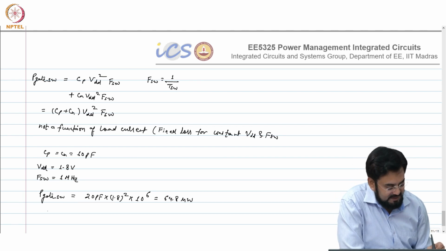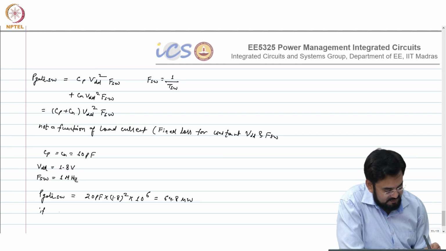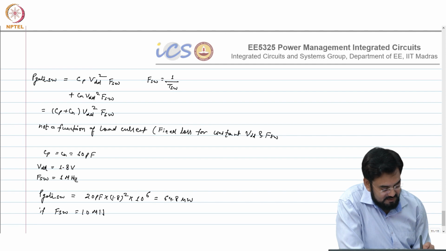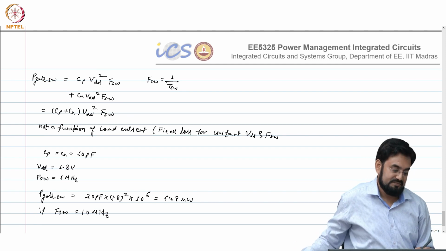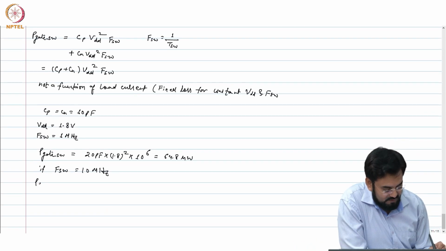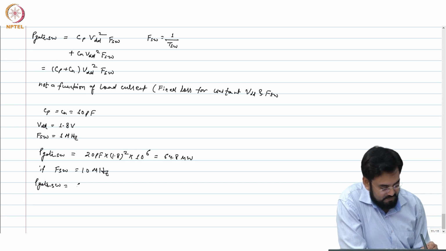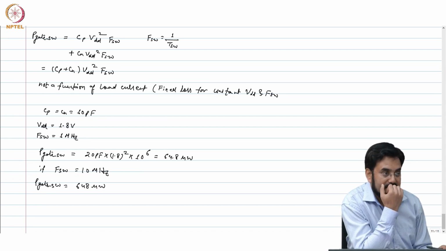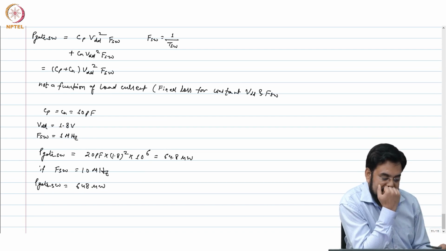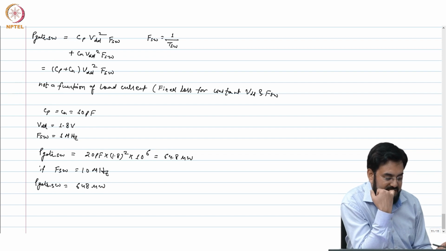Okay, now let's say if FSW equal to 10 megahertz, then what would happen? Okay, so it's a direct function of your switching frequency.